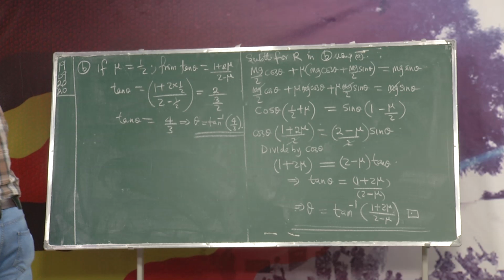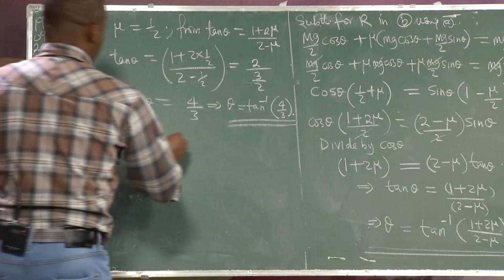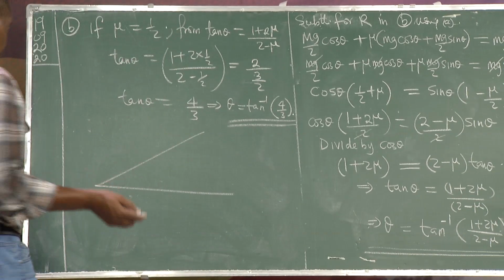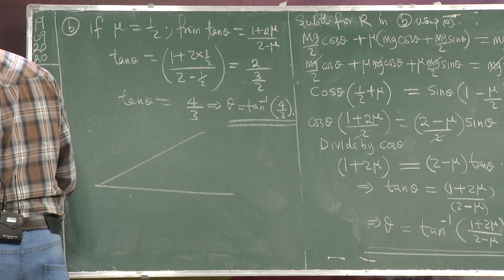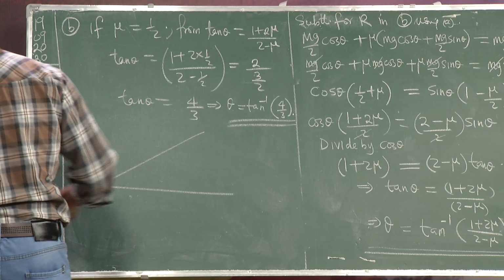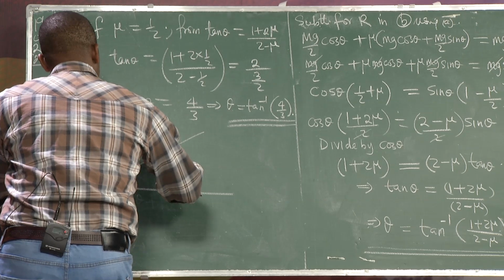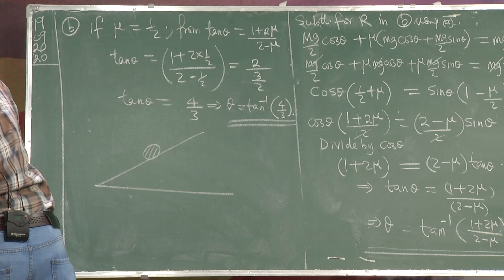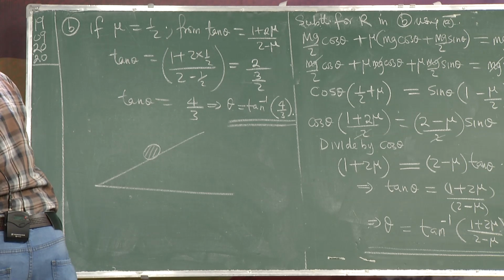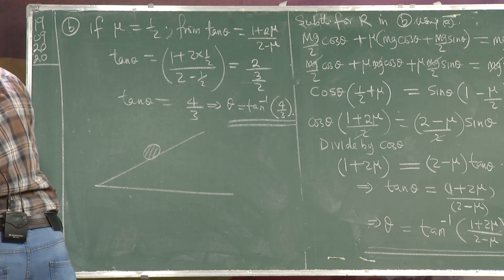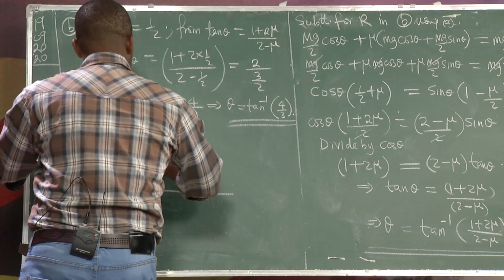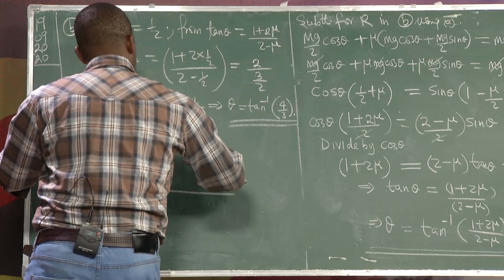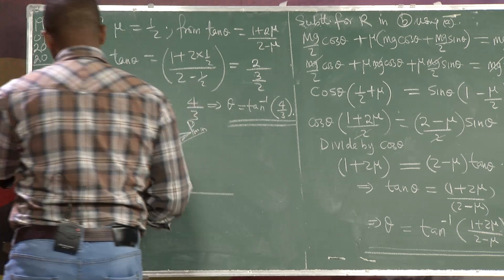Now, since they want us to show the minimum force, they are saying find the minimum force required to ensure that this particle will just move the body up, parallel to the plane. If we let the force we want, which is parallel, be here, I'm going to call it P. It should be a minimum force.